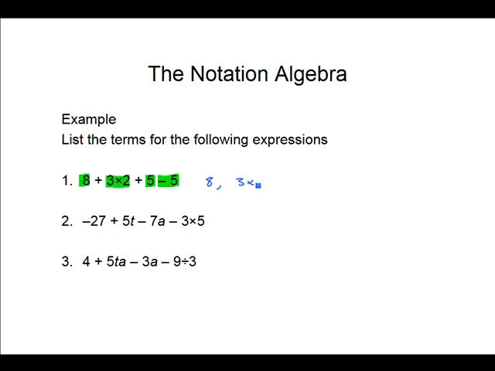So this first one has 4 terms, 8, 3 times 2, 5, and negative 5. So remember that the negative sign is part of the term. It belongs to the term. So this one here has its terms of negative 27, 5t, negative 7a, and negative 3 times 5.